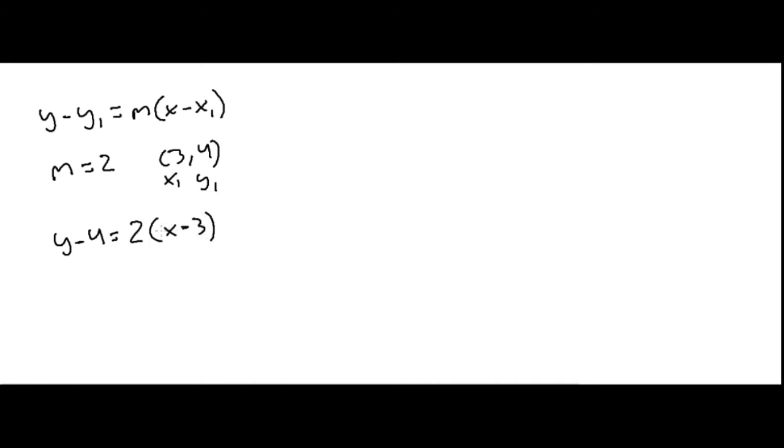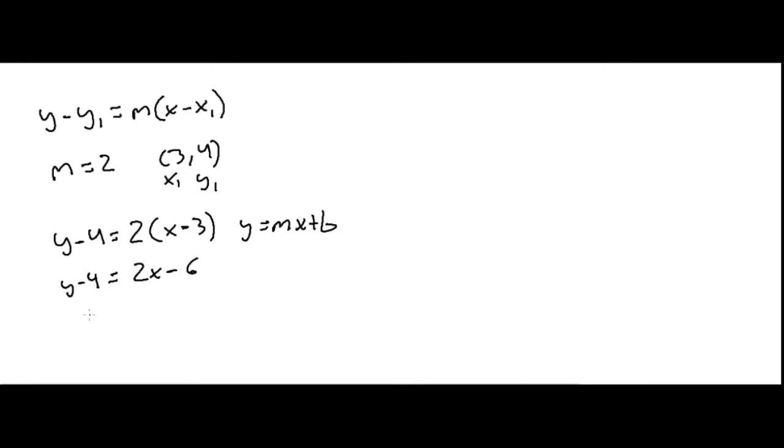And now let's say we want to get into slope-intercept form, because right now it's in point-slope form. And slope-intercept form is y is equal to mx plus b. So that means we want to get y by itself. So we'll multiply 2 times x minus 3, so we'll have 2x minus 6 is equal to y minus 4.